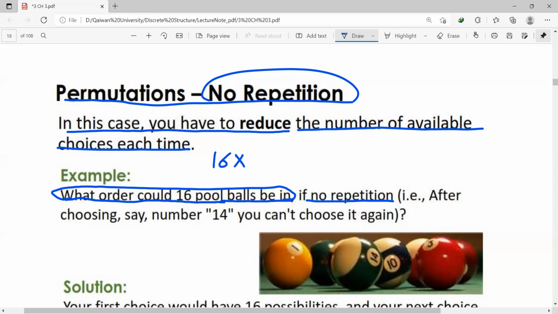They're multiplying because we have successive tasks. For the second, since the first one's in, now we have 15. Multiplying by that, then we have 14, and so on for all the balls.